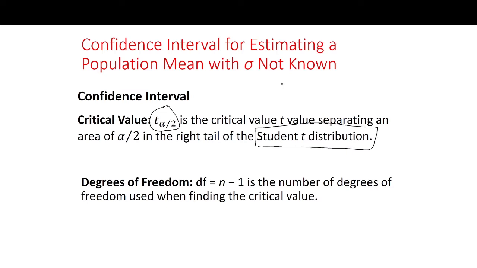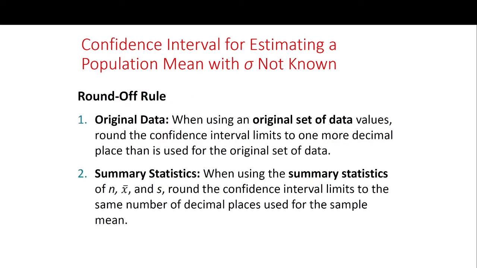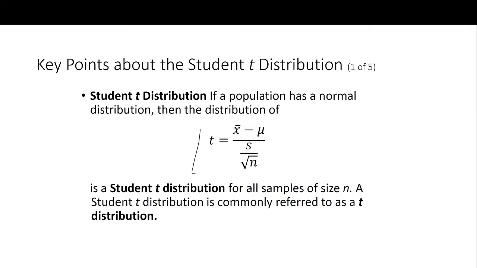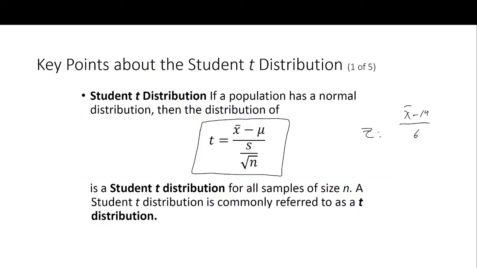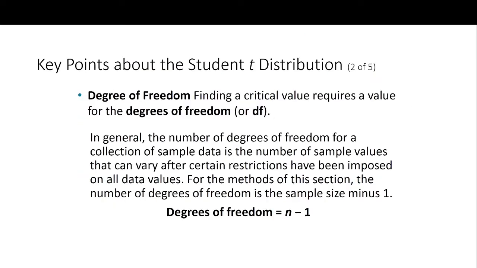If you notice, this formula is very similar to the one for the z score, where we use the standard deviation for the population. Here we don't know the standard deviation for the population, that's why we use the sample standard deviation, and that distribution is called the student t distribution. Other than that, the rest of the things we find very similarly to the previous section.